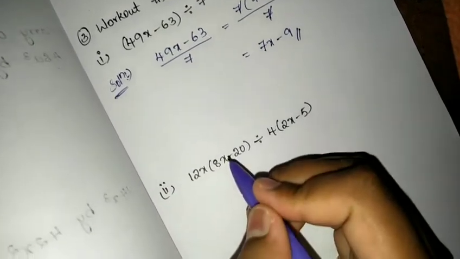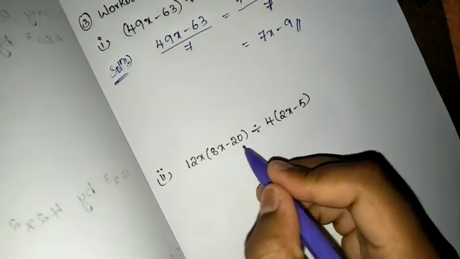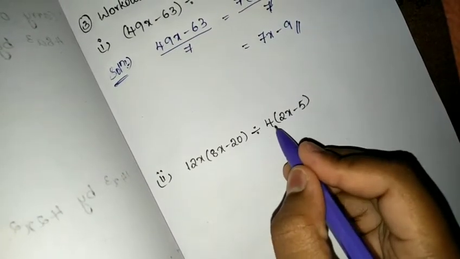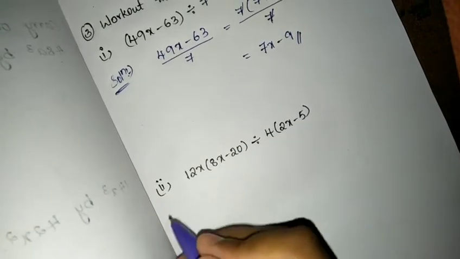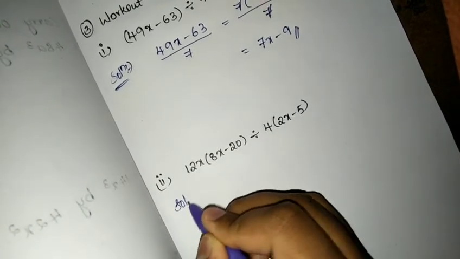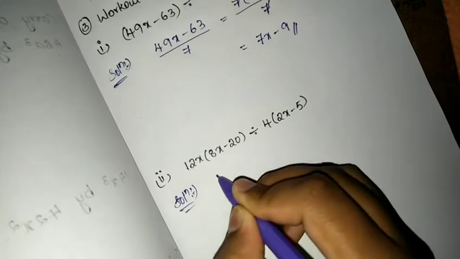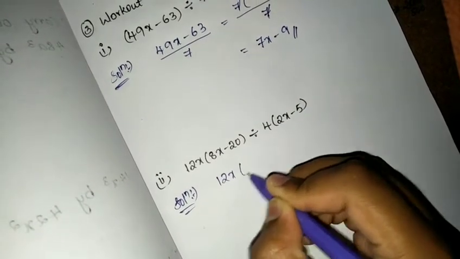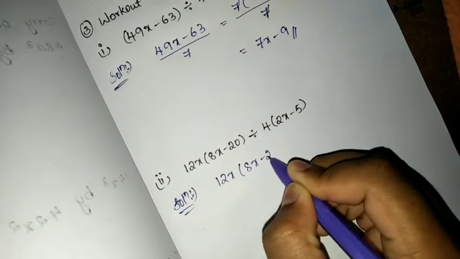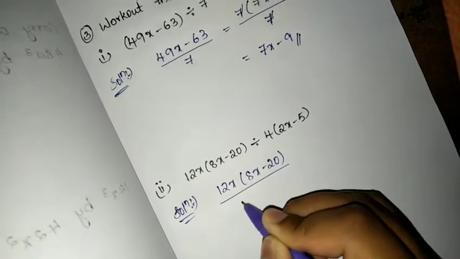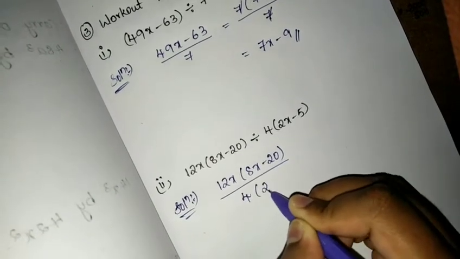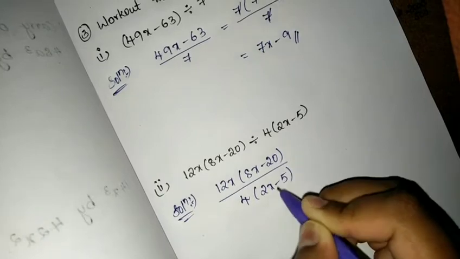Next, the second problem is 12x into (8x minus 20) divided by 4 into (2x minus 5). The solution for this problem is 12x into (8x minus 20) by 4 into (2x minus 5).